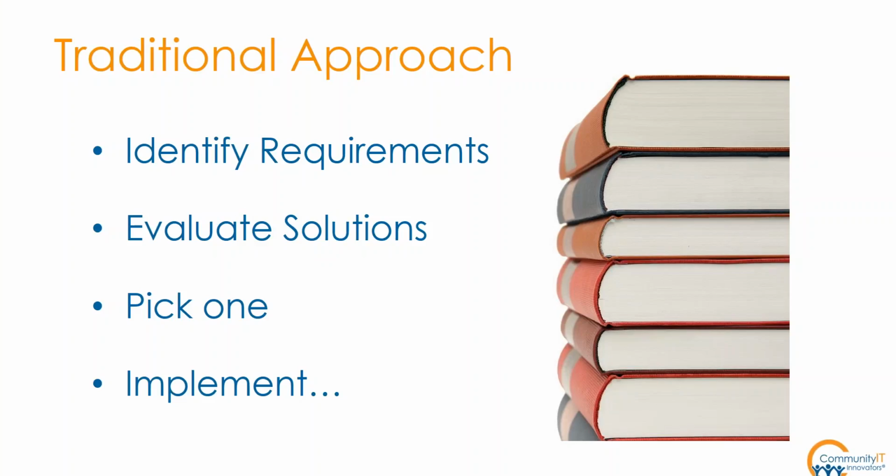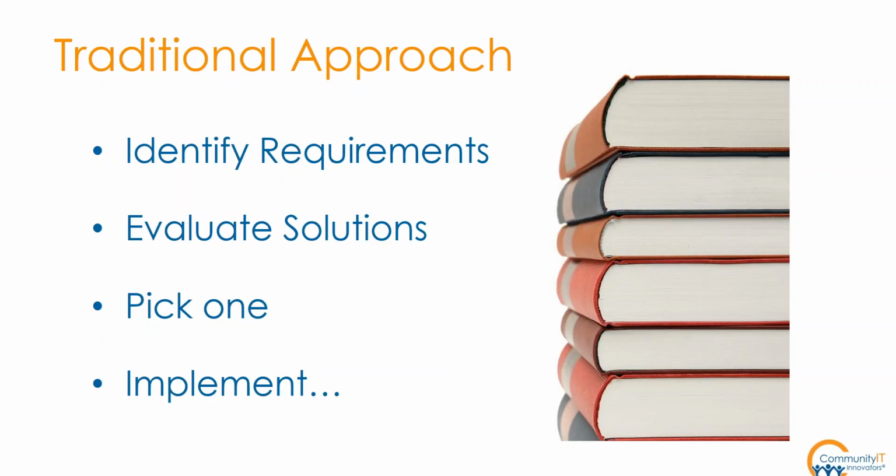And this is kind of the traditional approach in software selection, or just in IT planning in general. There's this sense that it's a linear approach. The textbook approach is you start off by identifying the requirements, so you list out all of the business requirements.